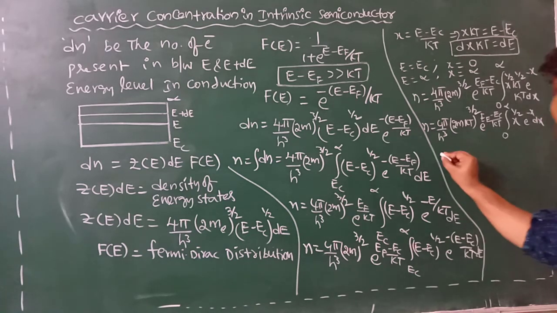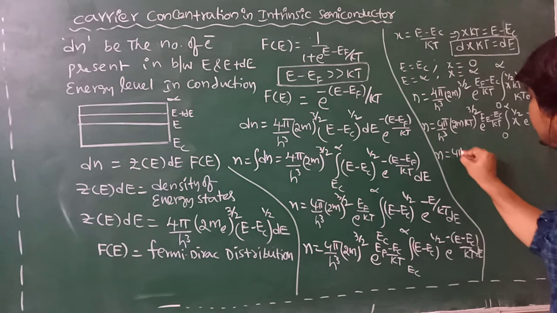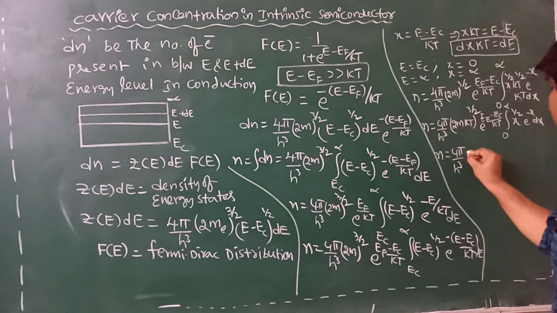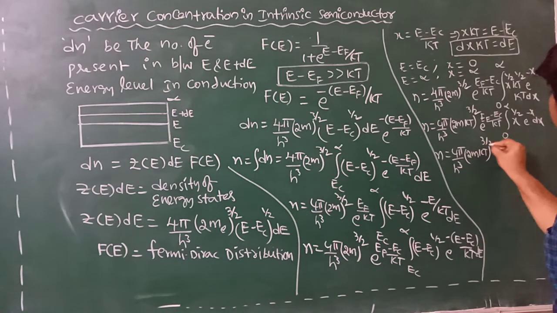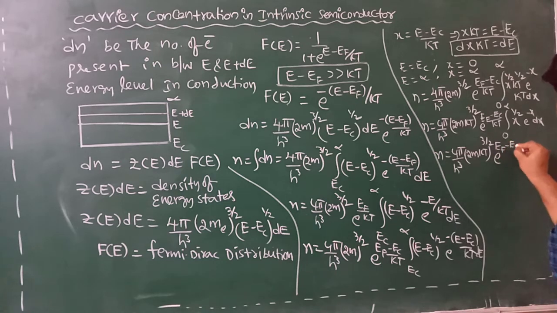Now this can be written as n is equal to 4 pi by h cube, (2m kT) whole power 3 by 2, e power (EF minus Ec) by kT, integral 0 to infinity of x power (3 by 2 minus 1) e power minus x dx.